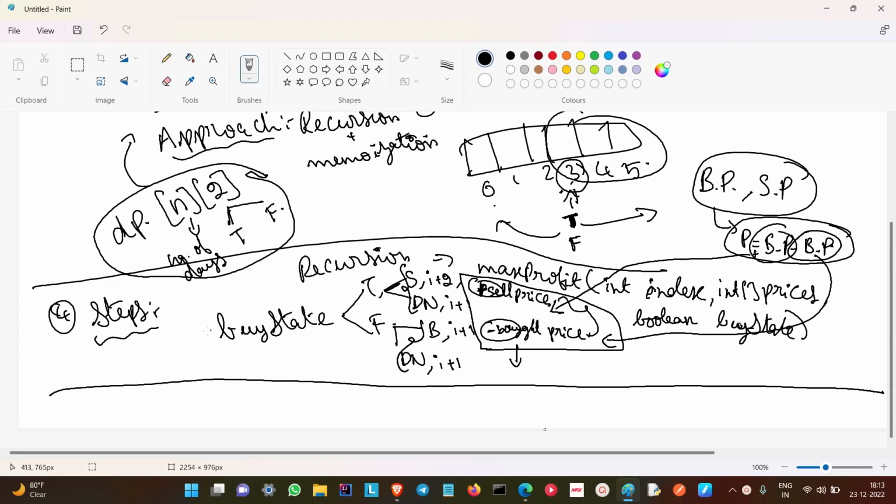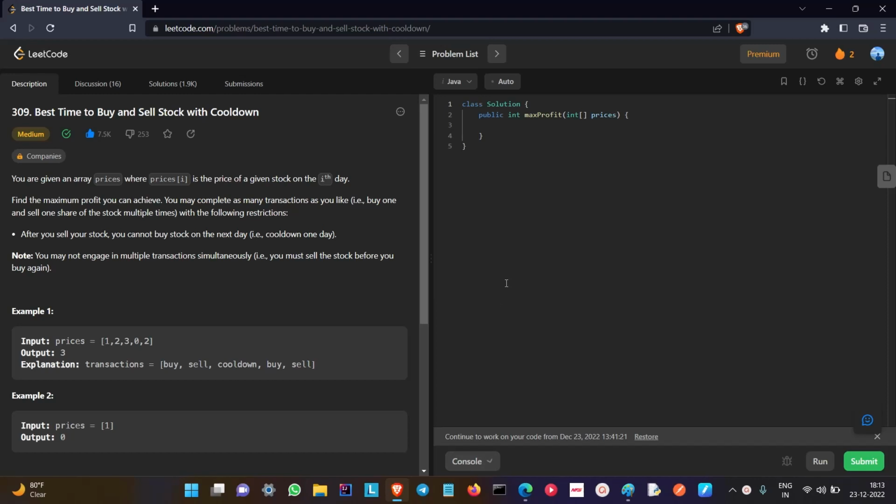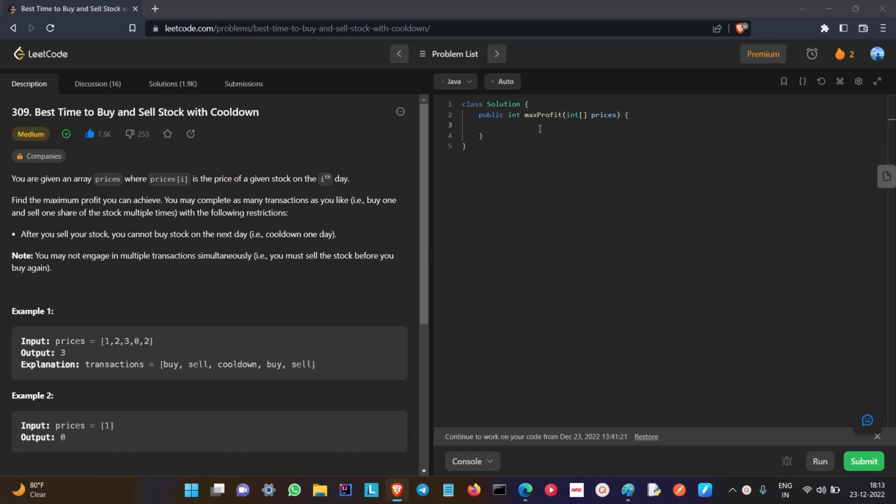If you are unclear about these steps, or about coding up these steps, you will get a clear idea in the coding section. So now let's get on to the coding section. Initially we'll create the solution without memoization.